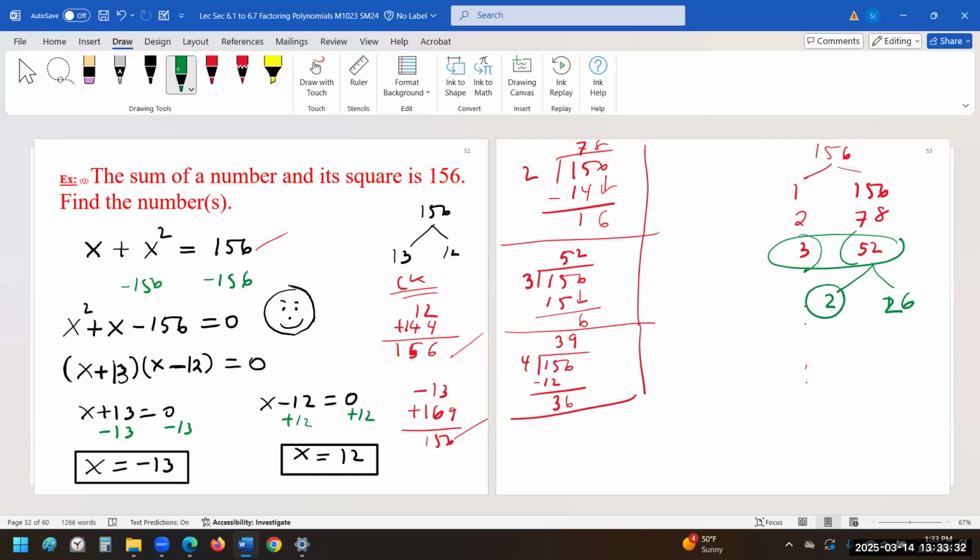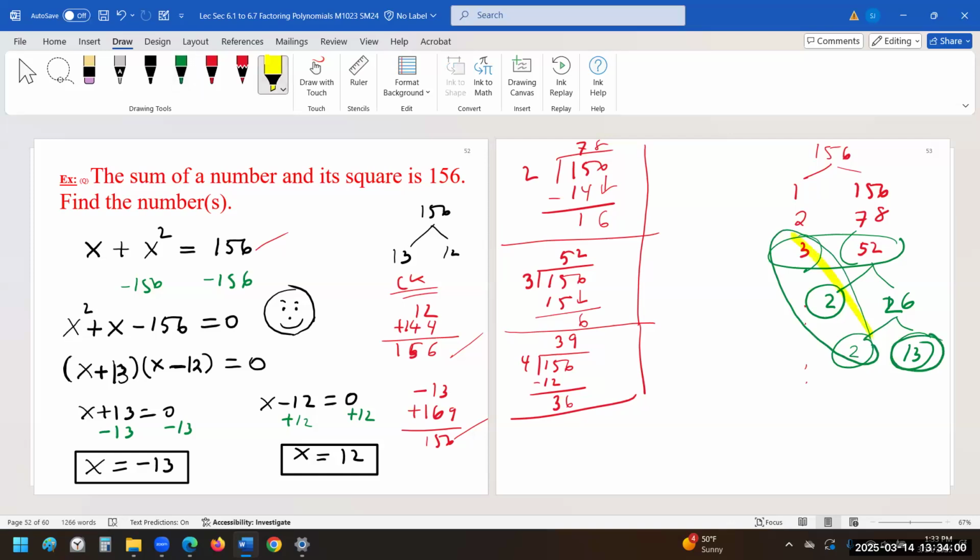2 is a prime, you stop. And then you break down 26 more. When you see 26, what 2 numbers come to your head? 2 and 13, right? And then you stop because both are prime numbers. That means the factors of 156 are these 2, 2, 3 and 13.